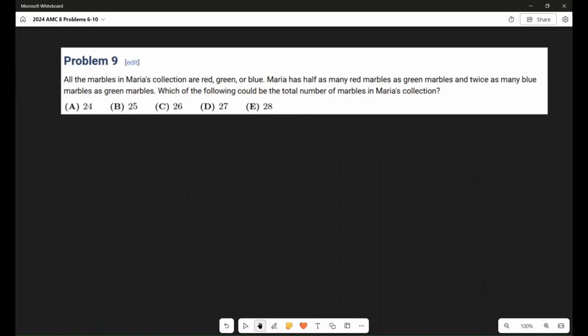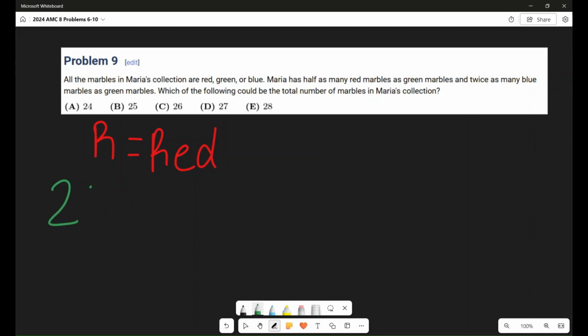So, this is a very openly algebraic problem. So, let's start by assigning variables. Let's say the number of red marbles is R. Since there are half as many red marbles as green marbles, the number of green marbles has to be 2R.